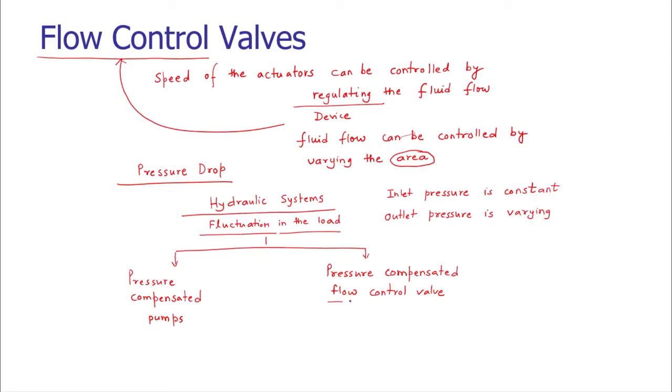These control valves may have a spool, and by changing the position of the spool we can change the area of the passage, and accordingly the required flow can be maintained during the flow of fluid through the control valve.